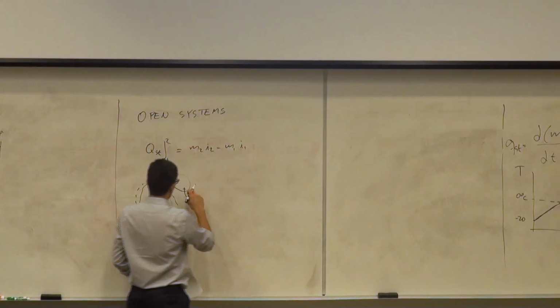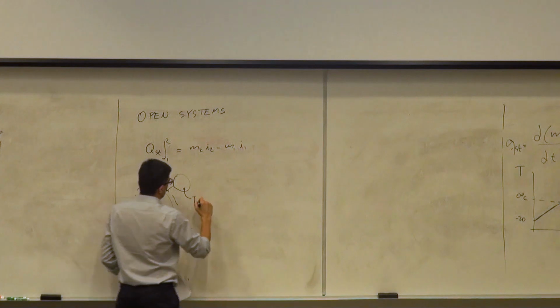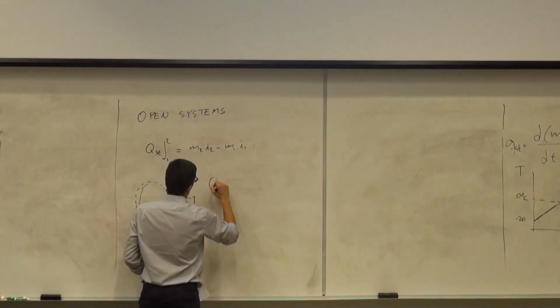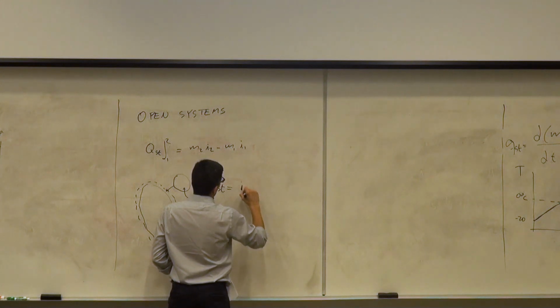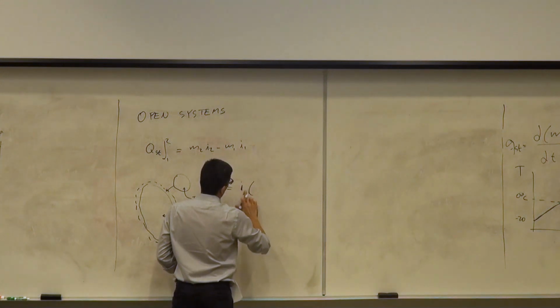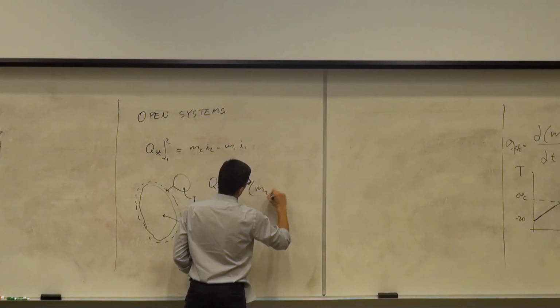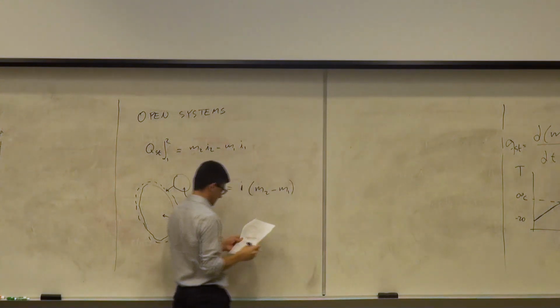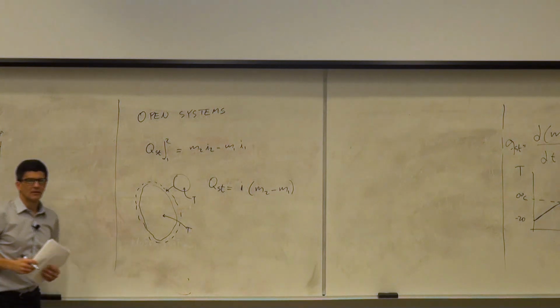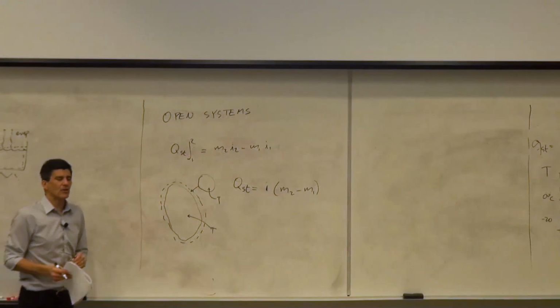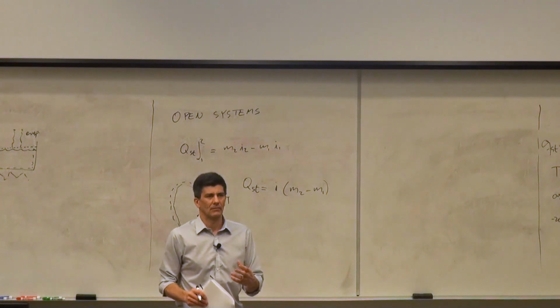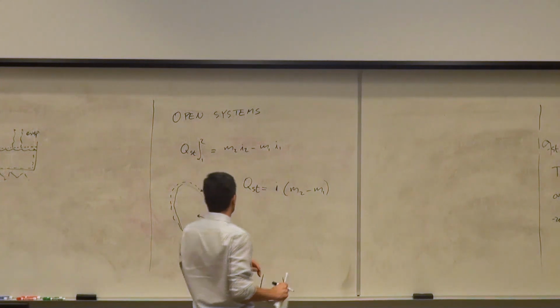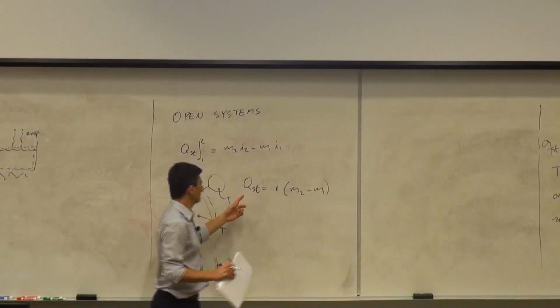So if both are at the same temperature, I'm going to have that the Q stored is I2, whatever enthalpy we have at that temperature. So the changing mass changes your heat content. This equation still makes sense from the point of view of math.